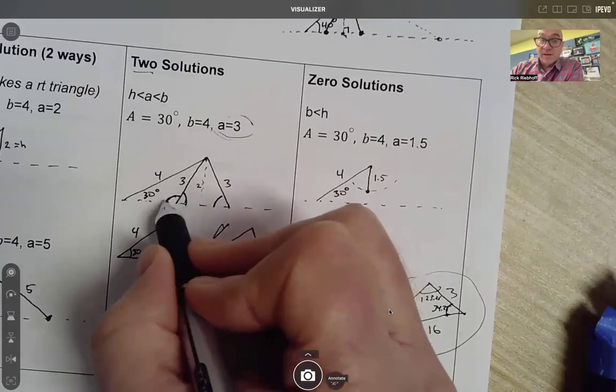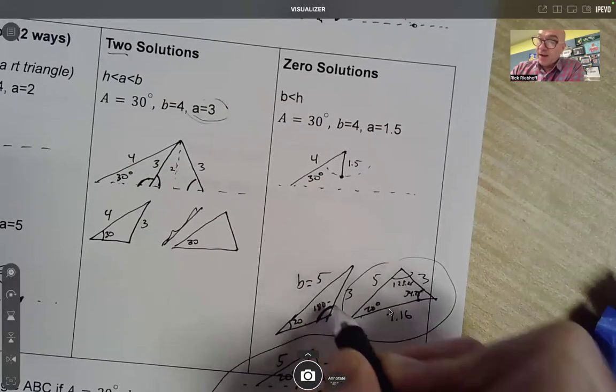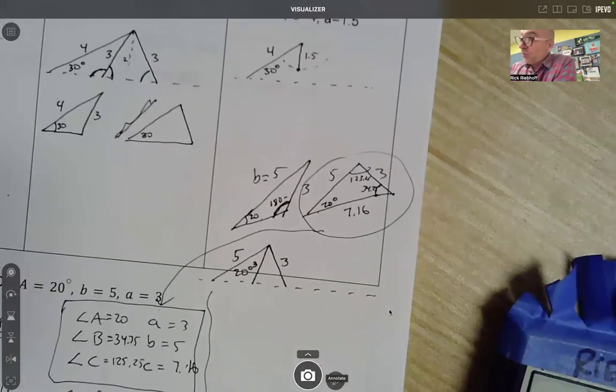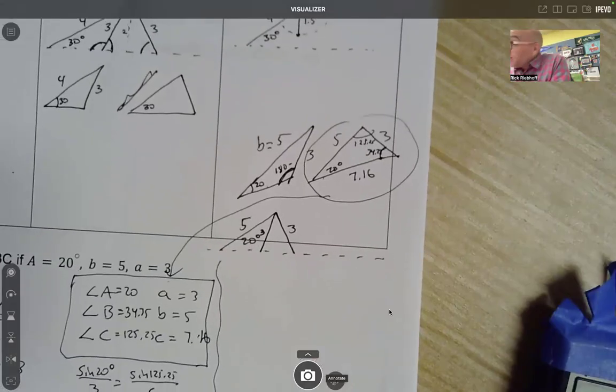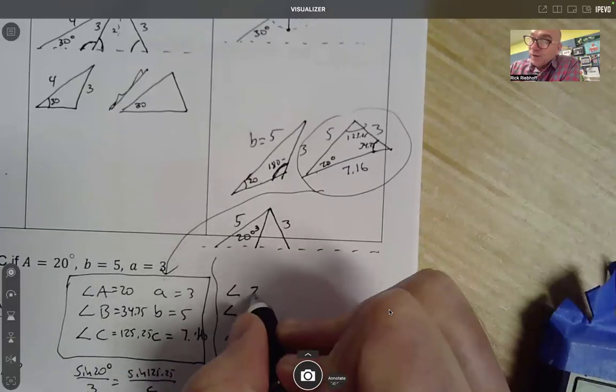So for this angle, it's going to be 180 minus 34.75. Okay, so 180 minus 34.75 equals 145.25. That's a lot.